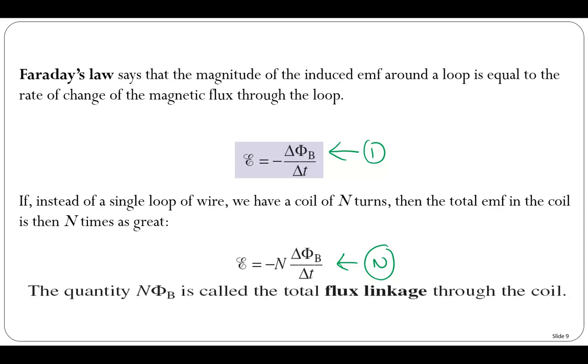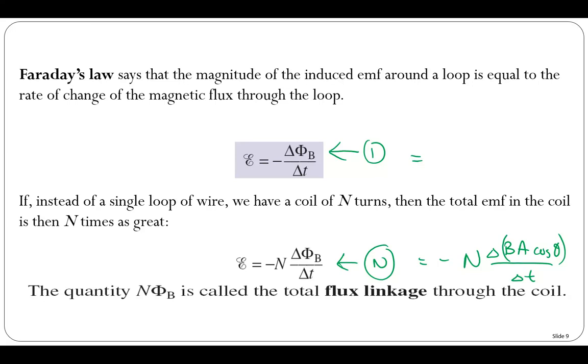If you want to write it out, you can just write it like that, and then it's the same both ways. Change in BA cosine theta over change in time, and N being the number of coils that you're doing this for.